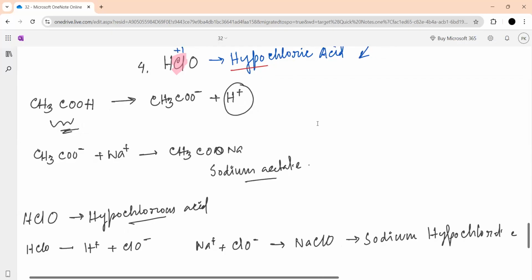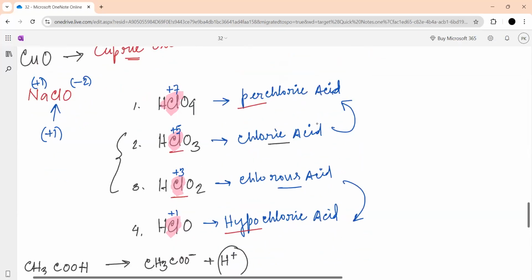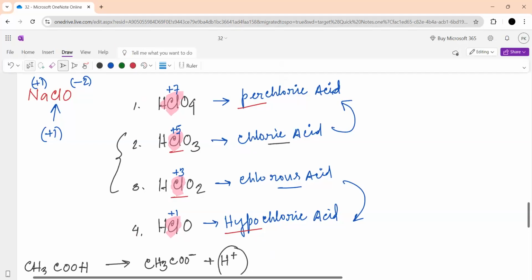Then if I try to get the equivalent for all of these, like for HClO4, what will be the equivalent perchlorate? It will be NaClO4. The next one will be NaClO3. The third one will be NaClO2. And the fourth one would be NaClO.